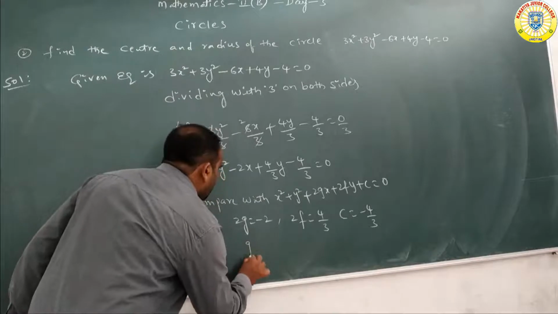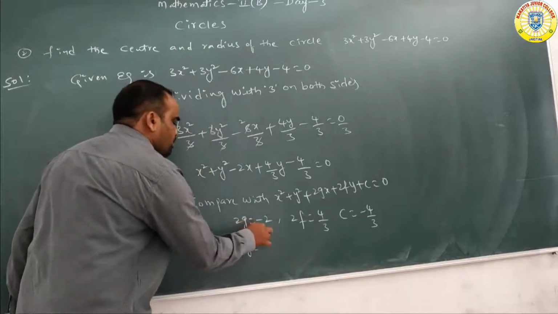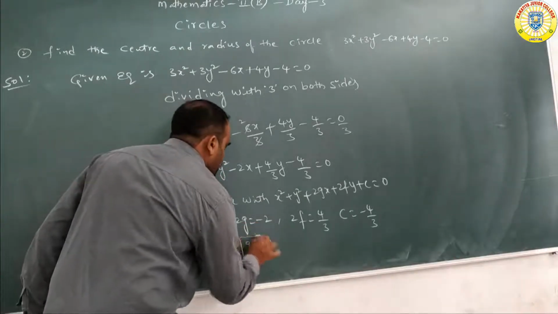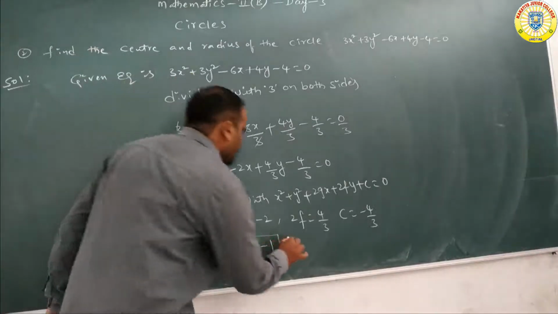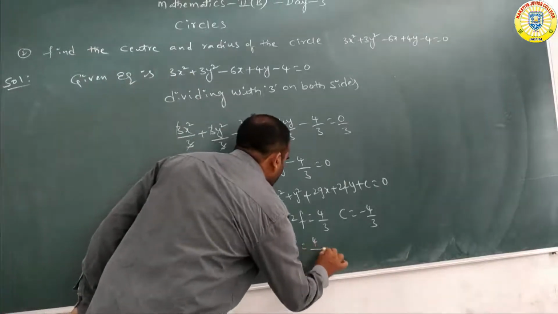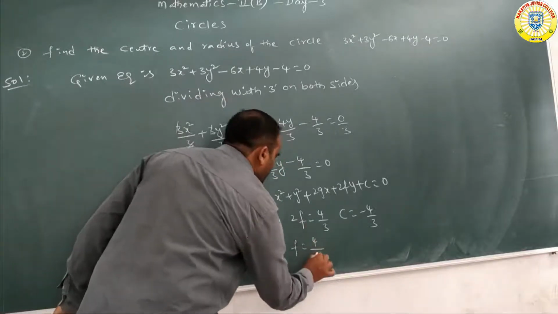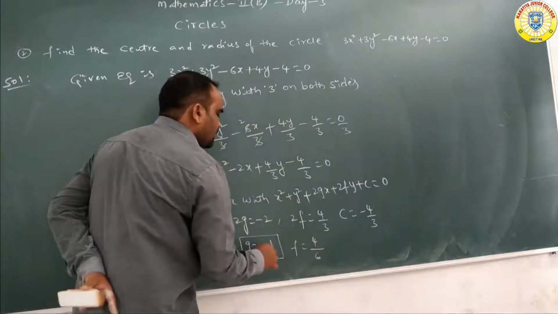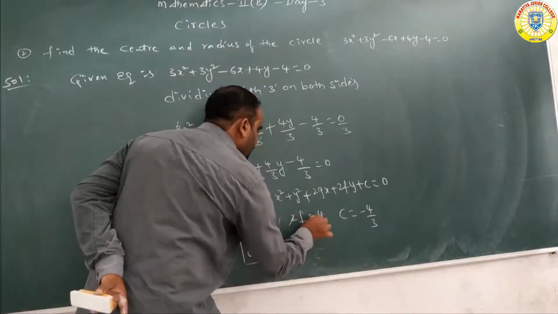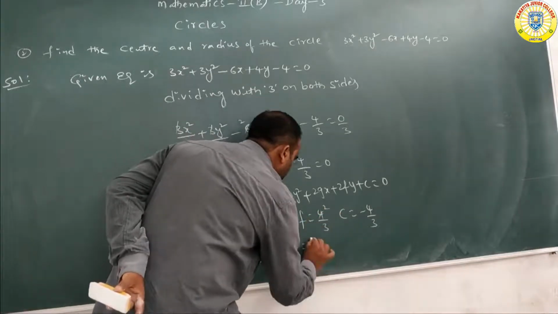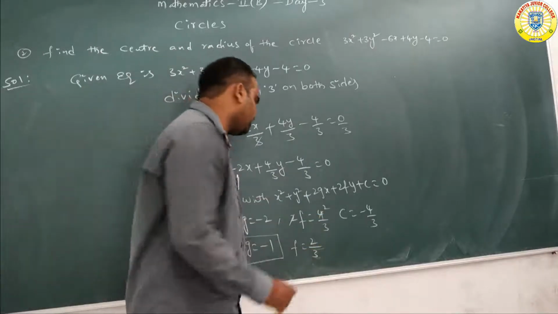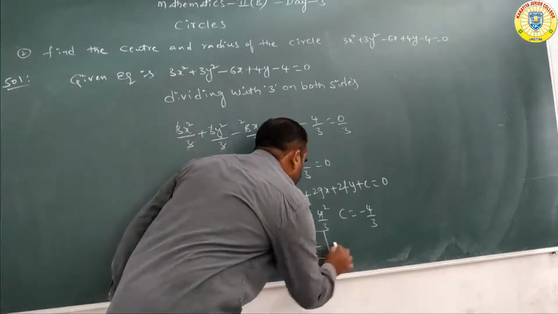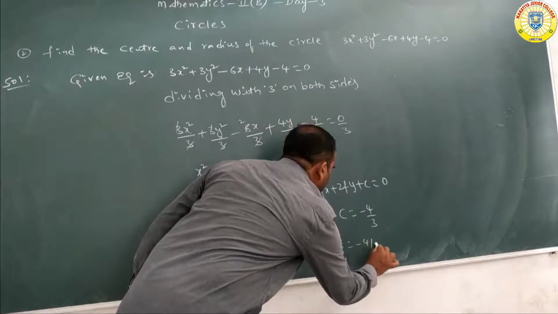We want the g value. g is equal to minus 2 by 2, that is minus 1. f is equal to 4 by 2 into 3, that is 2 by 3, or we can do it directly: 2 by 2 is 1, so f is 2 by 3. c is equal to minus 4 by 3.